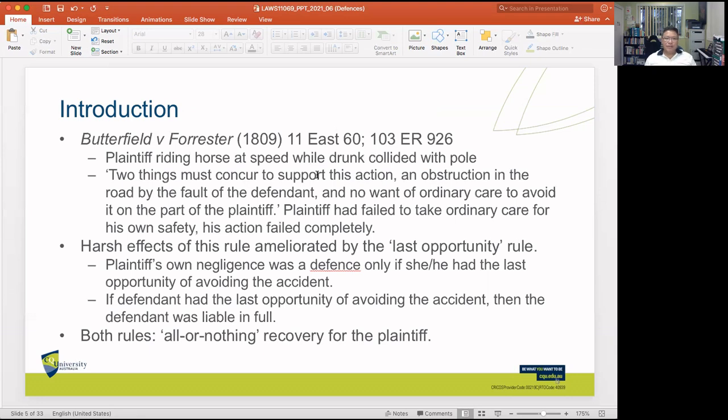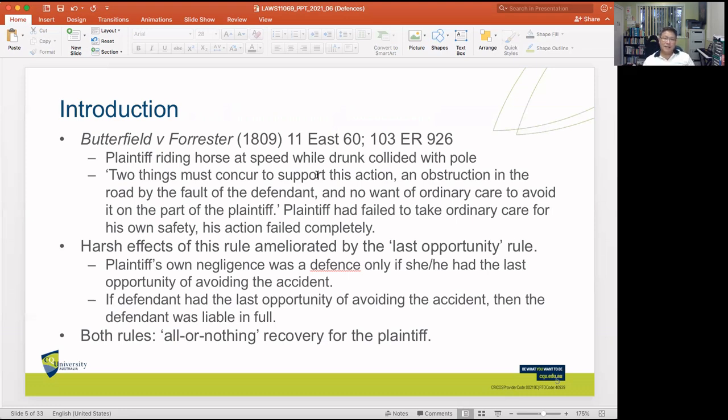And an example of this would be the case of Butterfield versus Forrester, where in this particular case, the plaintiff had been riding a horse at high speed while the plaintiff was drunk, and then he ended up colliding with a pole.